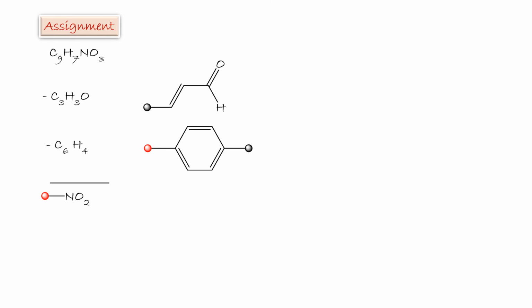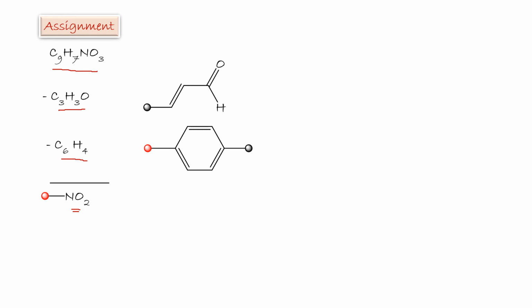Let's go assign. We have C9H7NO3. We found a fragment of C3H3O and another fragment C6H4, that leaves the residue of an NO2 fragment.